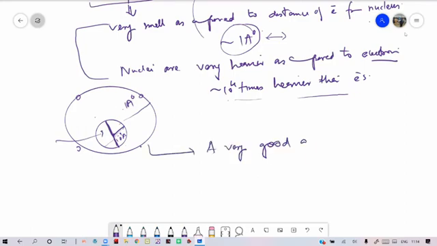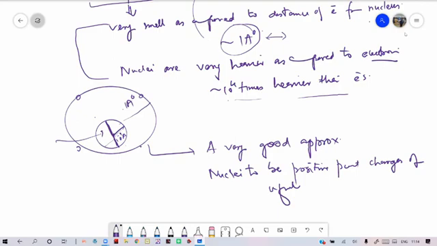From these two conclusions we can say that we can take nuclei to be positive point charges of infinite mass.